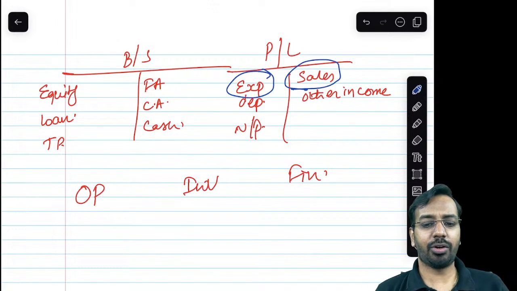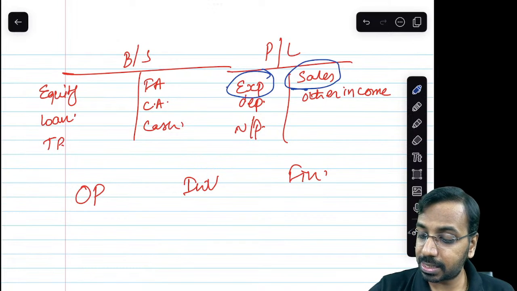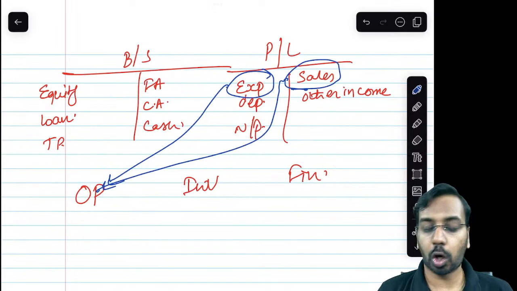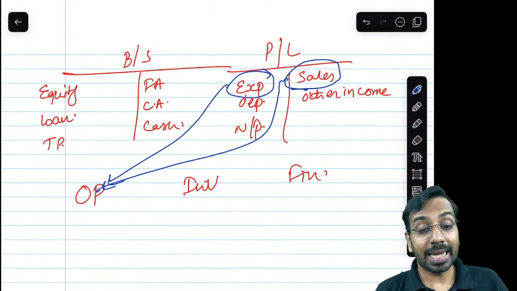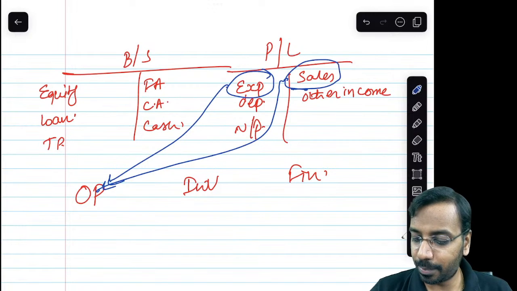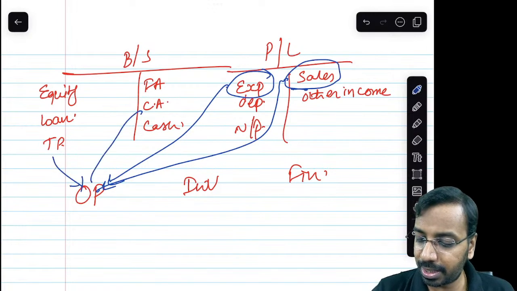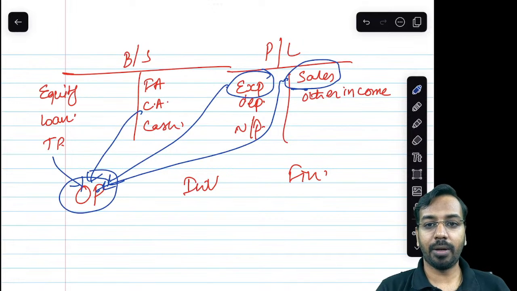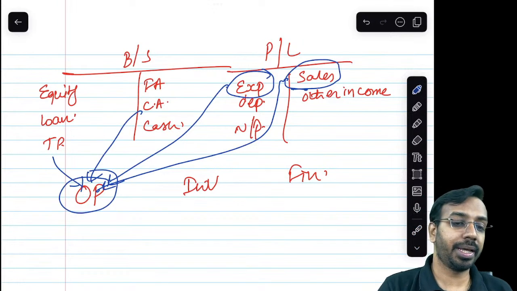Operations means my day-to-day activity of producing goods, supplying goods, paying my employees and all of that. These fall under operating activities. And any item to do with these, for example trade payable or sundry debtors, will also fall under operating activity. That is why change in your working capital adjustments you show under operating cash flow.